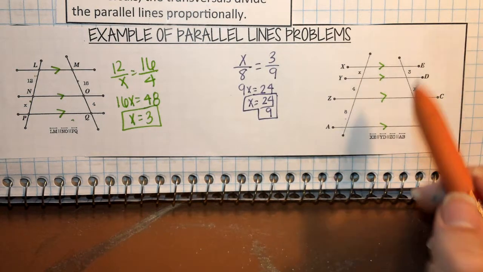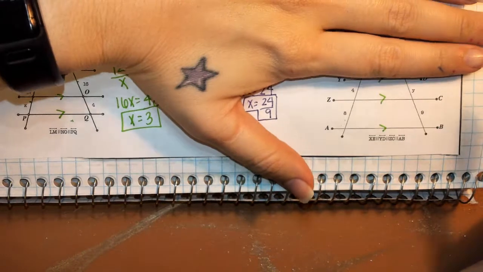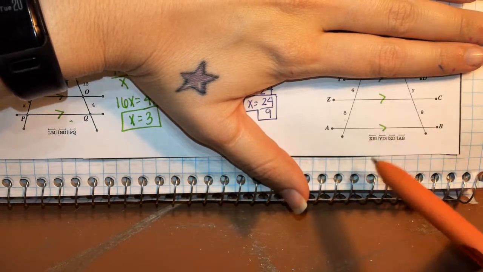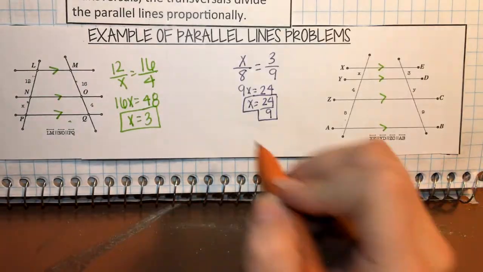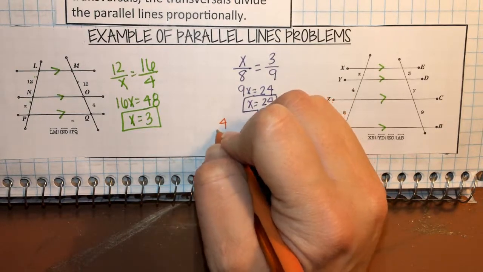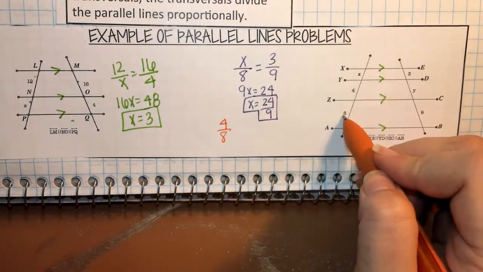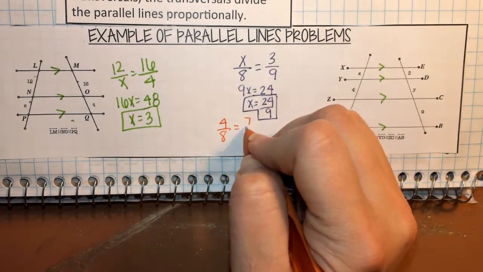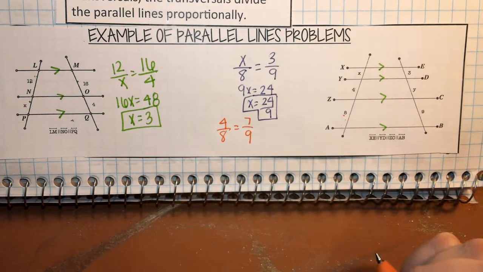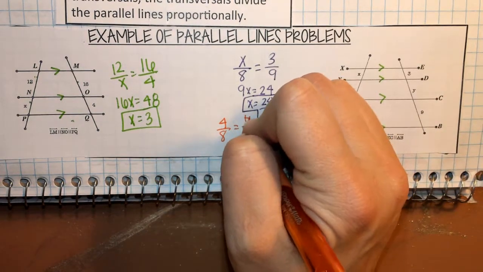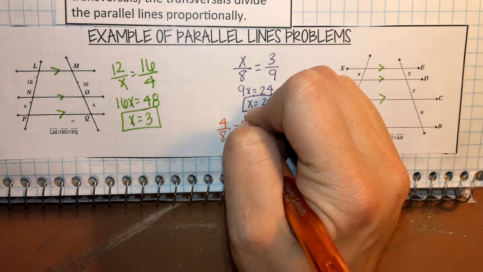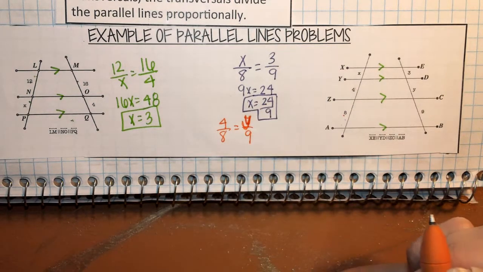And let's find y. Now with y, we don't care about this top part. All we need is this bottom part down here to be able to solve it. So we have 4 divided by 8 equals 7 divided by, ooh, that's a y. It would not have made sense if it was a 7. Super sorry. Now, how do we solve this? We cross multiply.